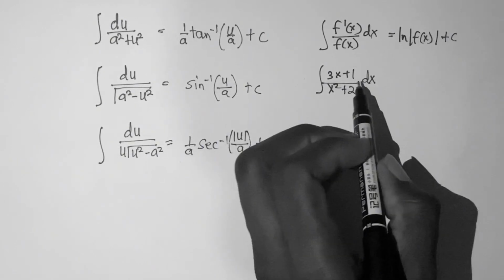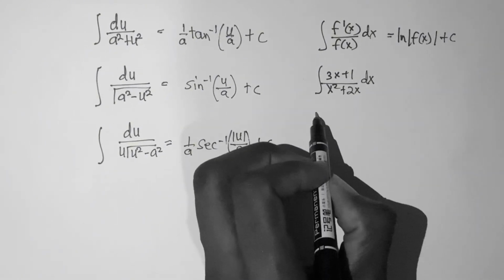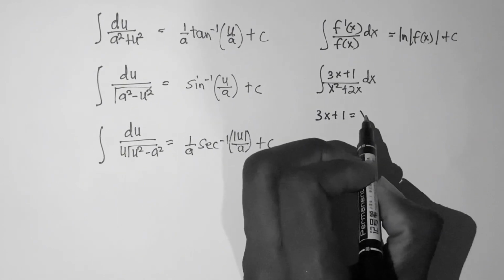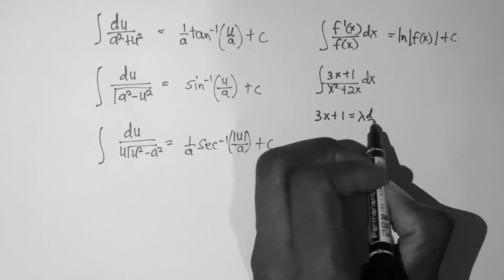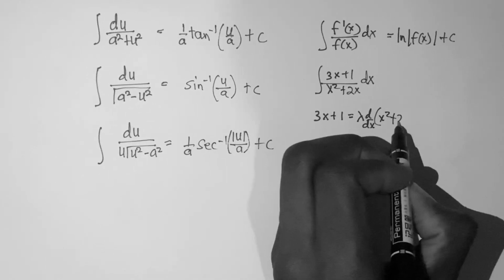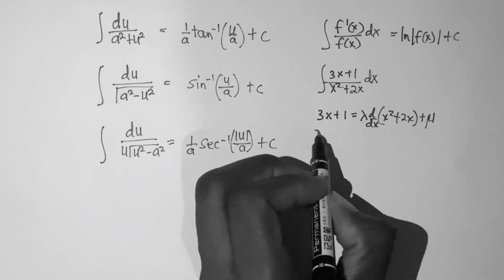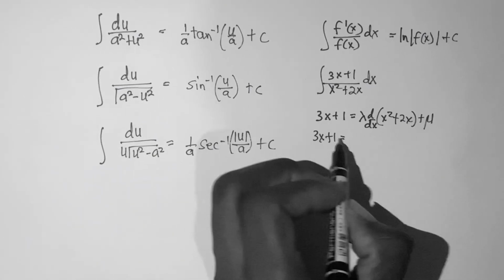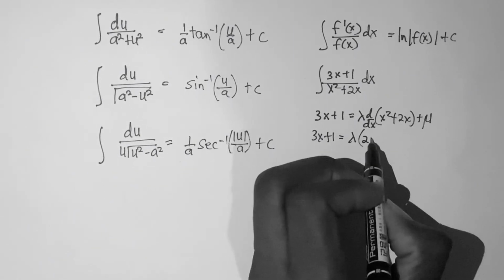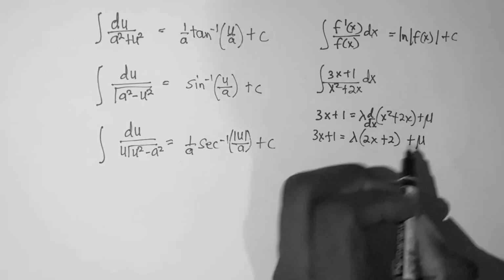So the way to do this is by first saying that this 3x plus 1 is equal to a certain constant lambda times the derivative of the denominator, which is x squared plus 2x, plus another constant mu. So 3x plus 1 is equal to lambda times 2x plus 2, plus a constant mu.